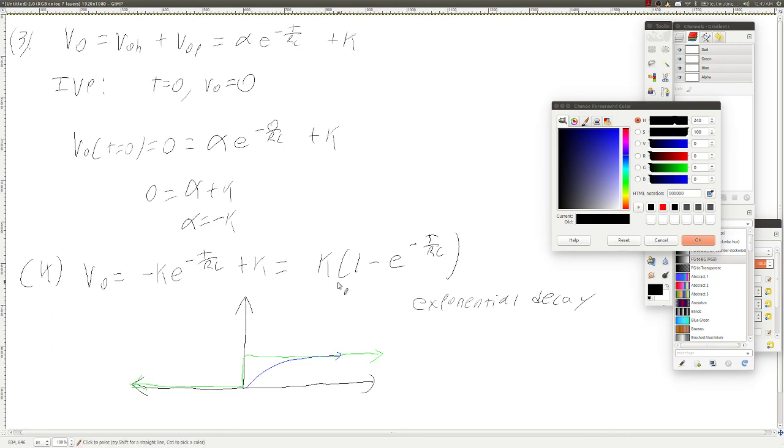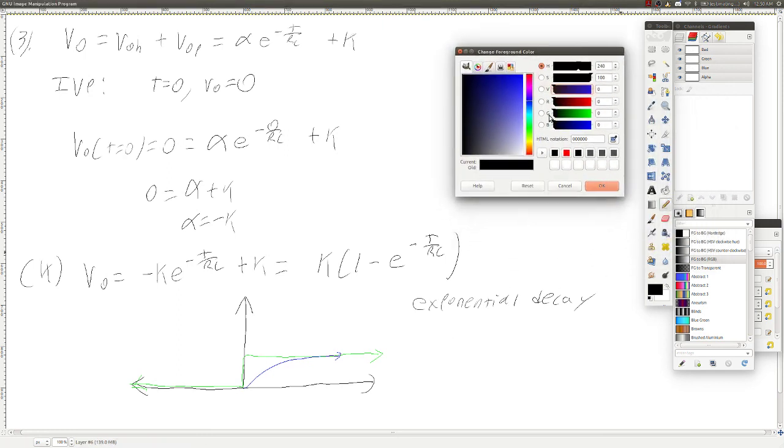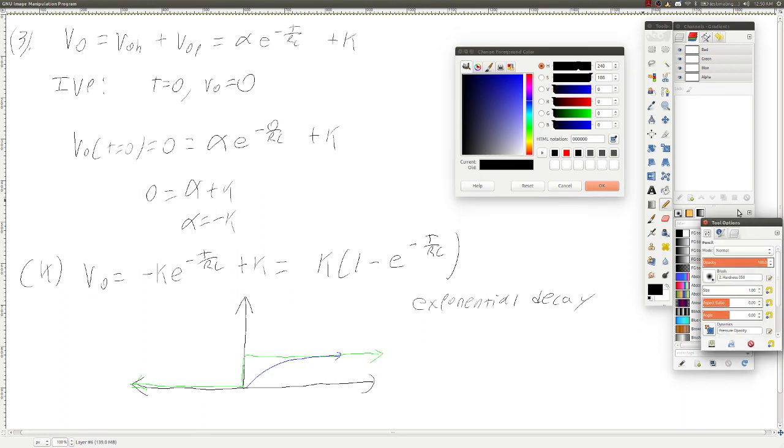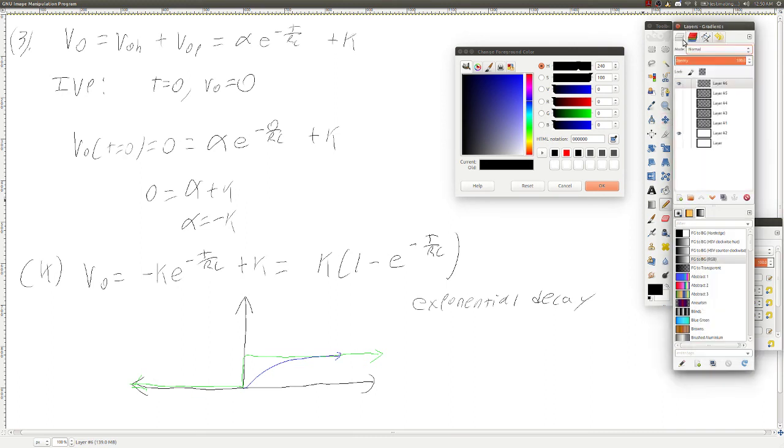Exponential decay always takes this form of e to the negative, it's either going to take the form 1 minus e to the negative t over RC, or if we were to do this with an inductor instead, which we can quickly do, let's hop over to the next page. We'll make an inverted Heaviside step function.